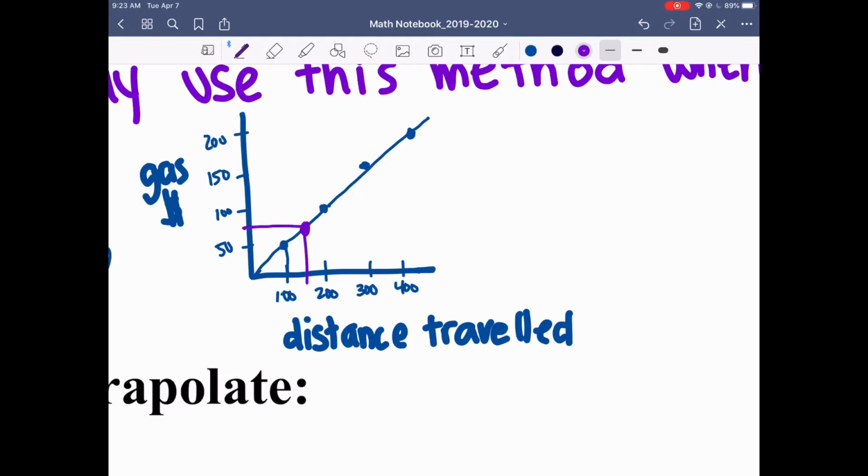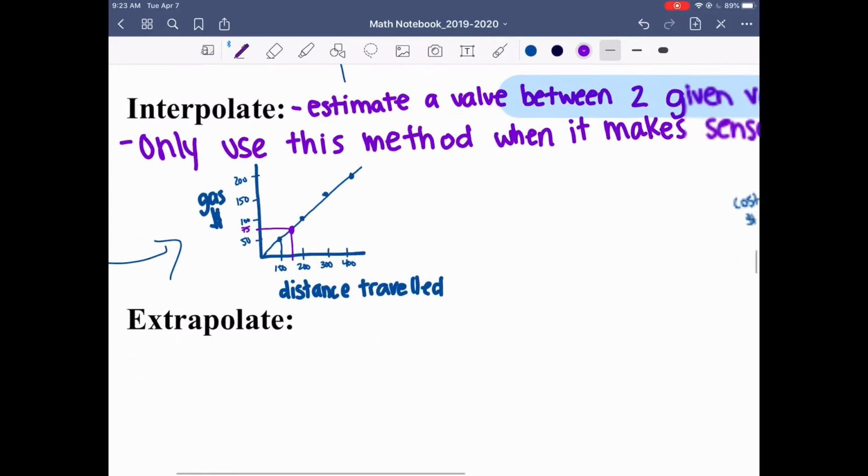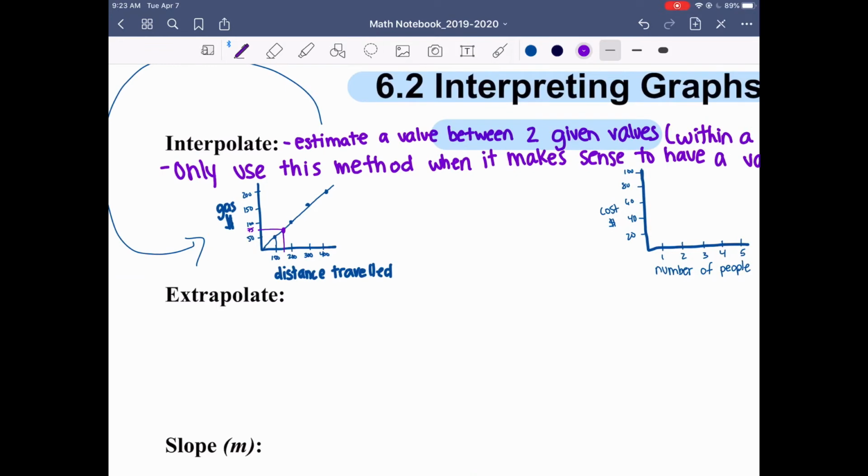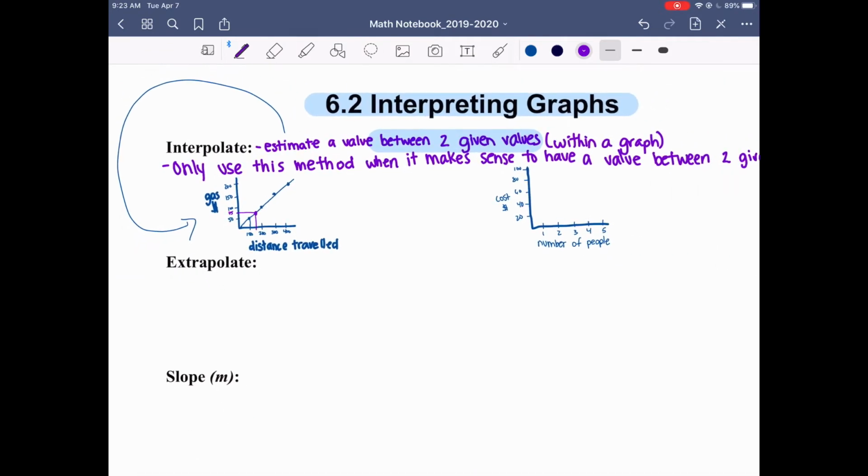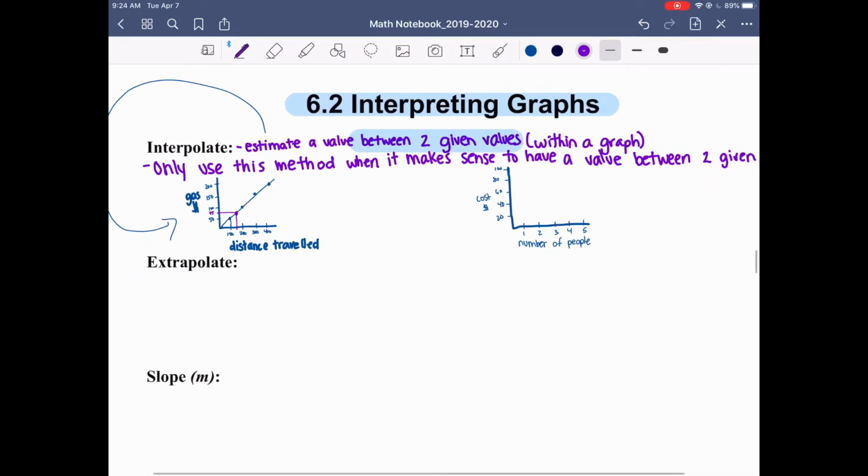Does it make sense to say that gas at that point will probably be $75? Well, yeah, it does, because it makes sense to have gas at $75, and it makes sense to have a distance between 100 and 200 kilometers. But you can only use this method when it makes sense to have a value between these two given values.